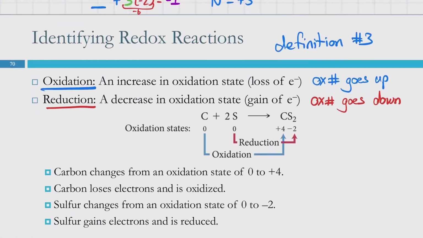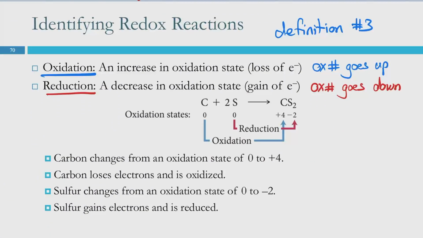And the other thing that we want to review is we've got some definitions for oxidation and reduction, and our newest one, this was our third definition, there were two others, but our third one is that oxidation is when we get an increase in our oxidation state, so when our oxidation number goes up from the left side to the right side.